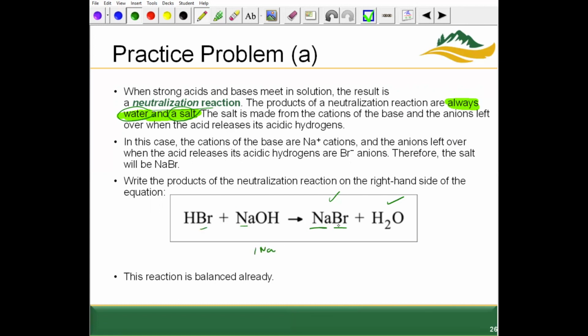There's one Br and one Br. There's one hydrogen, one hydrogen, so two hydrogens on the reactant side. There's two hydrogens on the product side. There's one oxygen and one oxygen. So this equation is balanced as is. Here's our salt, here's our water, here's our strong acid, here's our strong base. So acid, base, salt, and water. This looks good. We did make sure it's balanced.